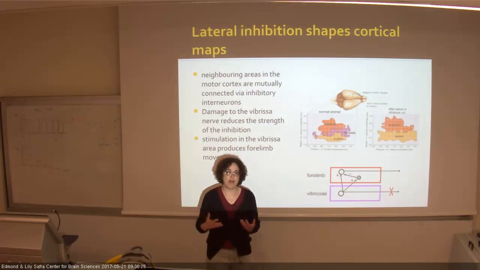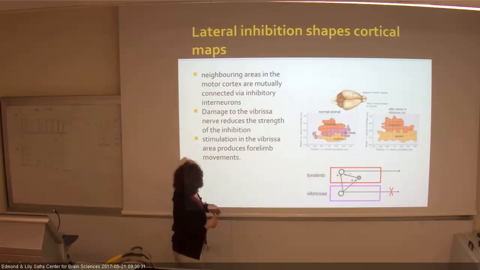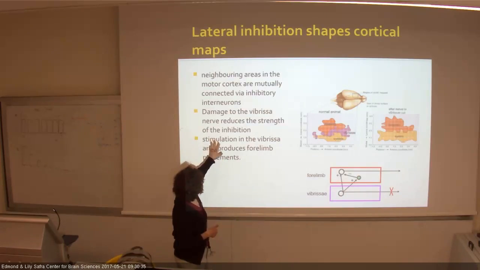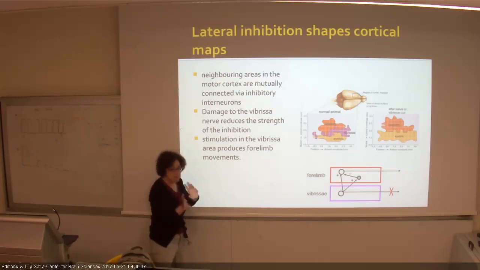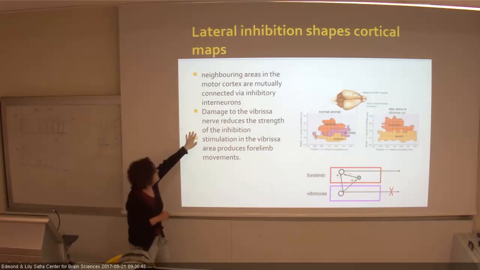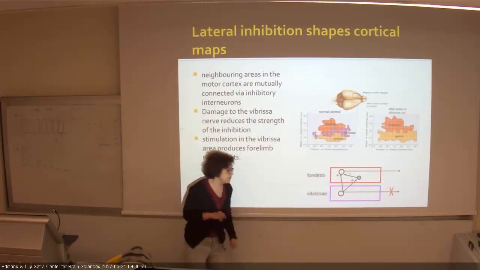The motor map is being shaped via intracortical lateral inhibition, so we think that neighboring areas in the motor cortex are mutually inhibiting each other. Damage to the vibrissa nerve reduces the strength of this inhibition, so that now stimulation in what used to be a vibrissa area produces forelimb movement.